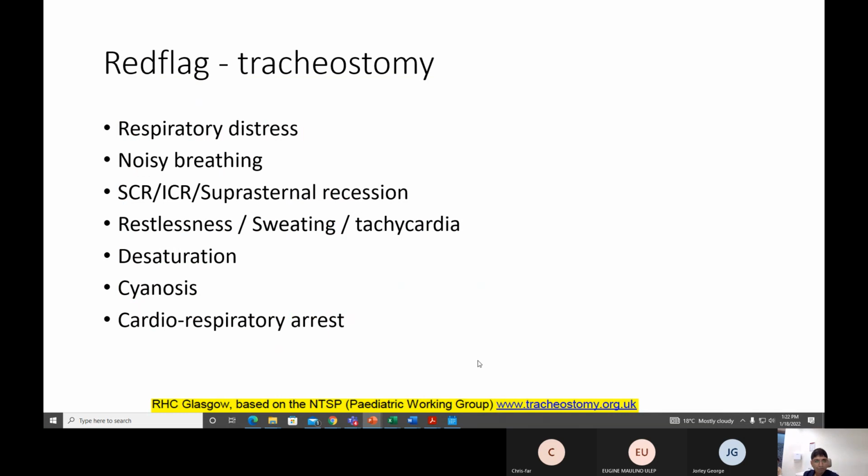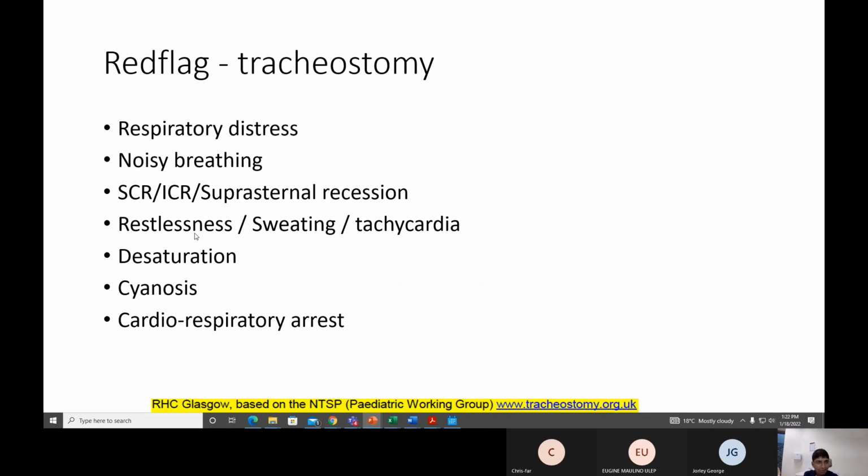So how do you know if the tracheostomy patient is in trouble? If the patient has significant respiratory distress, subcostal intercostal recession, struggling to breathe, noisy breathing, whistling sound, all of these things suggest that the tracheostomy is obstructed.